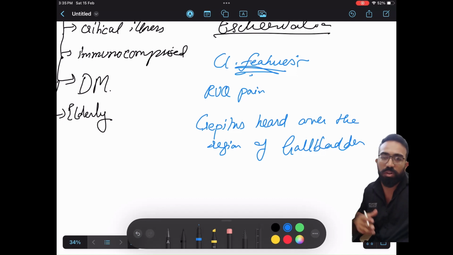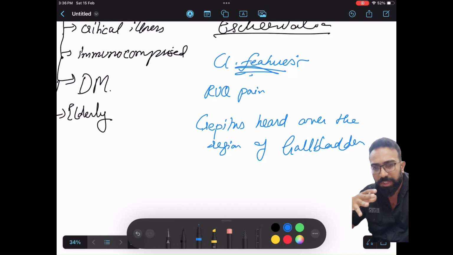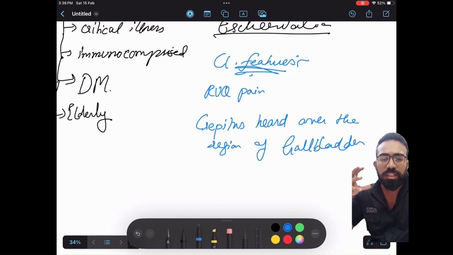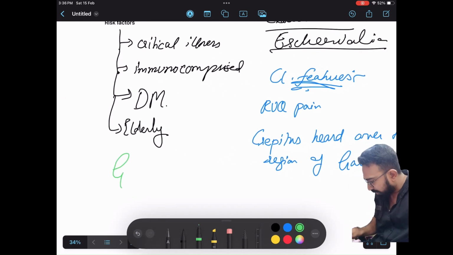And obviously, whether the patient has crepitus or not, he is having right upper quadrant pain and fever, so you suspect it and do a right upper quadrant ultrasound. The thing that is going to stand out on the ultrasound, or if you do a CT also, is that there will be gas.